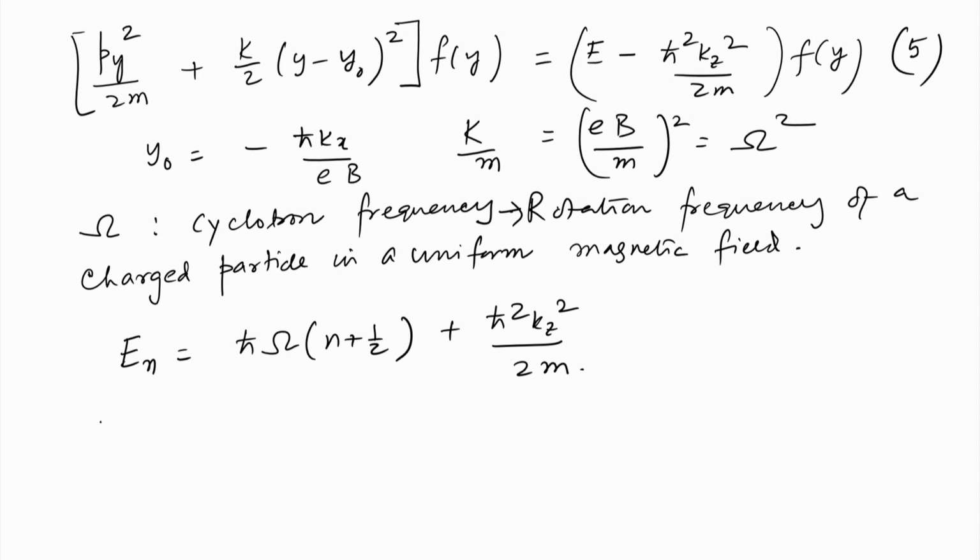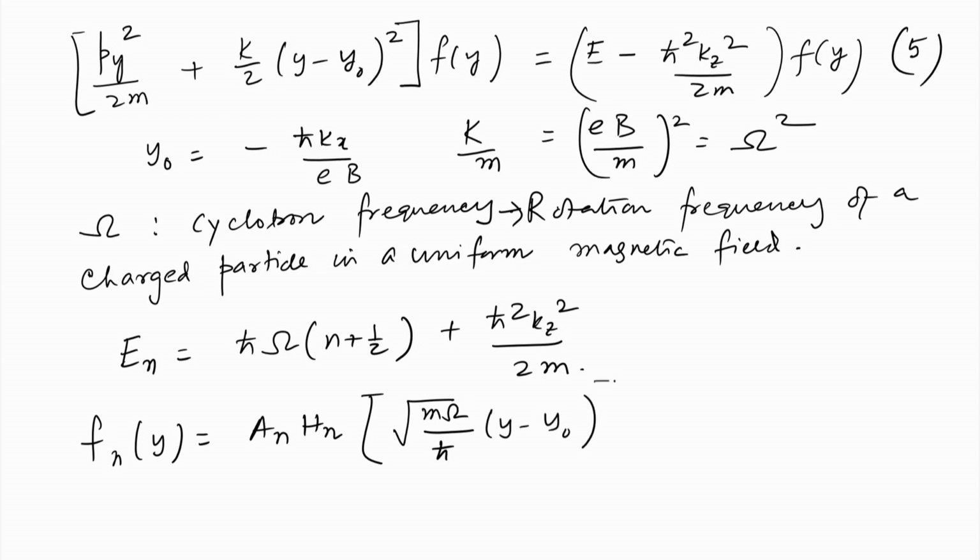We can take a clue from the solutions you have seen for the harmonic oscillator in your quantum mechanics 1 course. So, f is a normalization constant times H n of root over m omega by h cross times y minus y 0, that is the Hermite polynomial, multiplied with the exponential of minus half m omega by h cross times y minus y 0 whole square. So, that is the wave function.